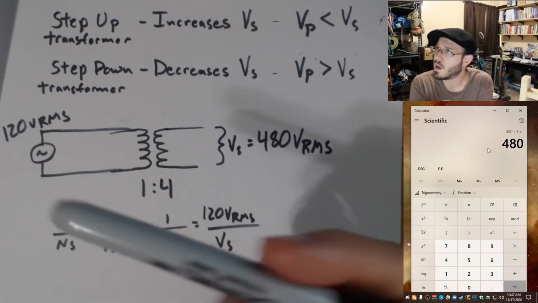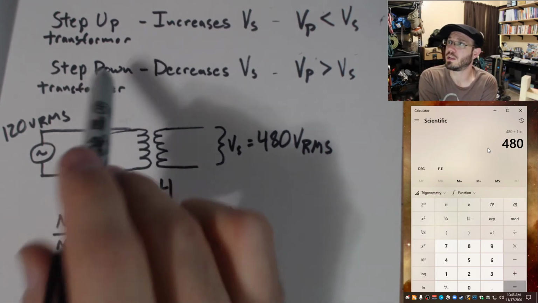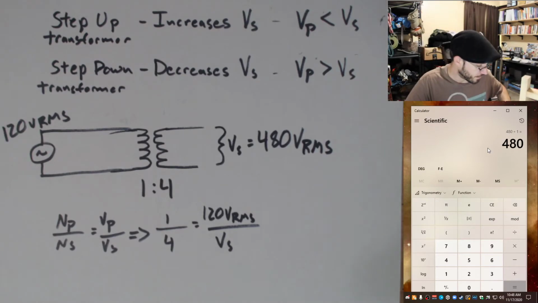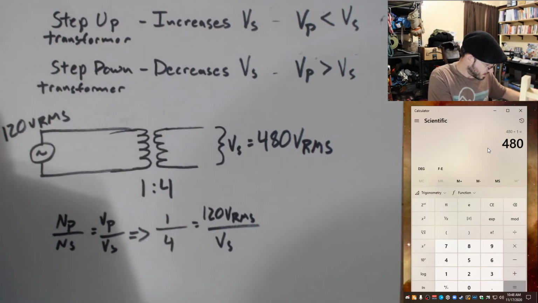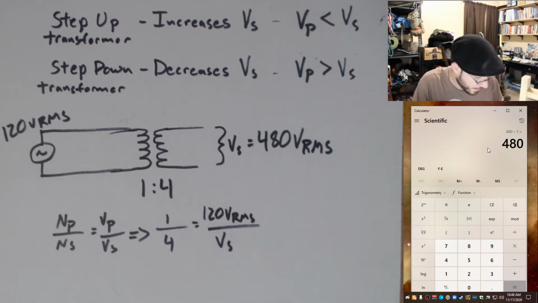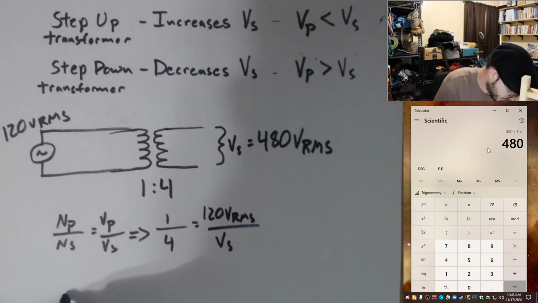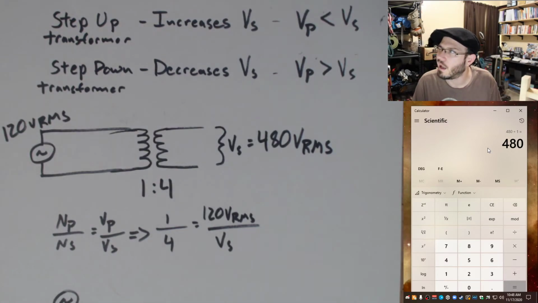Now, we can also go in the other direction. Let's step the voltage down. We're going to do a step-down transformer. For a step-down transformer, let's give ourselves a 2 to 1, and let's say this is 60 volts peak to peak.